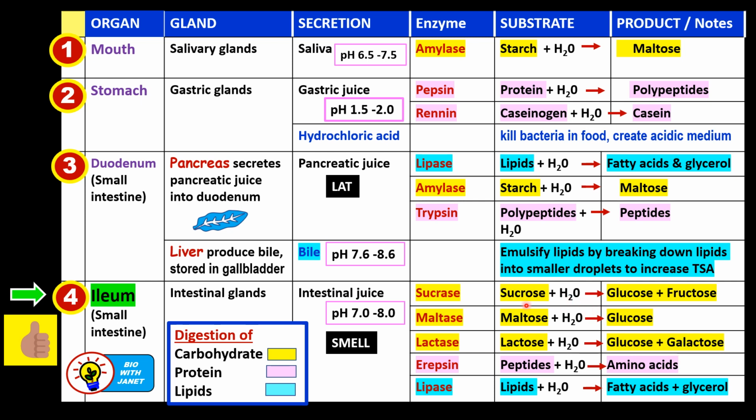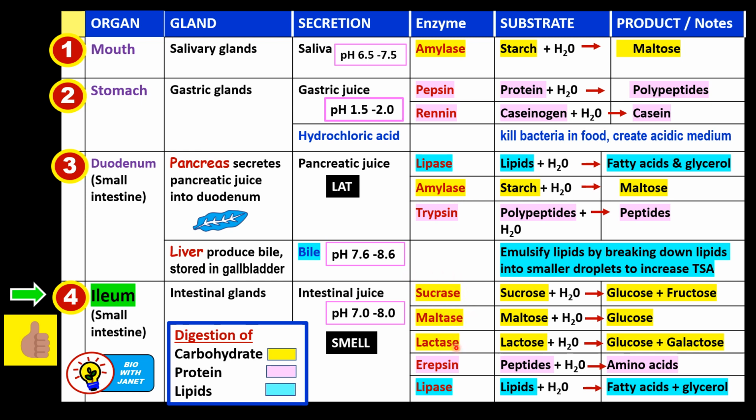And also take note that the name of the enzyme and its corresponding substrate is easy to connect or relate to. Okay, now if we have sucrose, the enzyme must be sucrase. Okay, just change the OSE in the substrate to ASE in order to get the name of the enzyme, right?